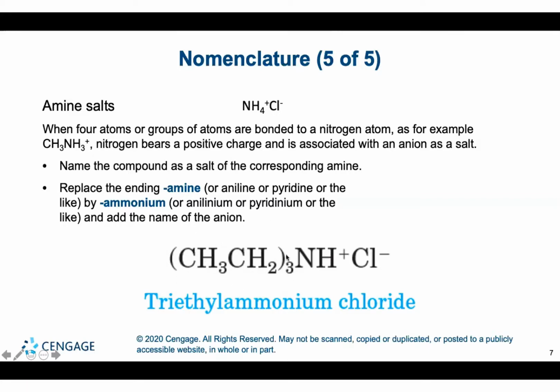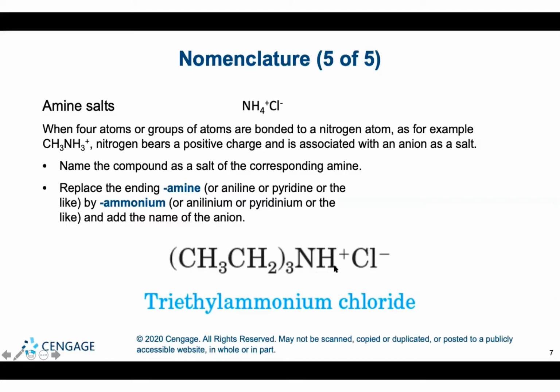Look at here, there is a 3 as a subscript outside of the parentheses, right? So it means I have 3 ethyl groups. So instead of 3 hydrogens in ammonium chloride, I have 3 ethyl groups, and I have 1 hydrogen left.